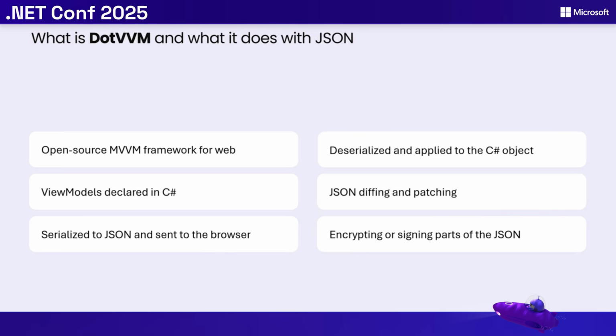Basically, you just write an HTML file with some data binding, and then you accompany it with a view model written in C#, so you don't need to write JavaScript. And basically, the framework will make sure that the view model is accessible in the browser, and the MVVM experience with the two-way data binding happens there.